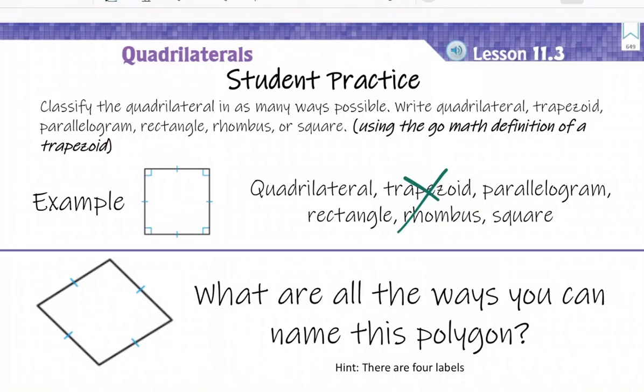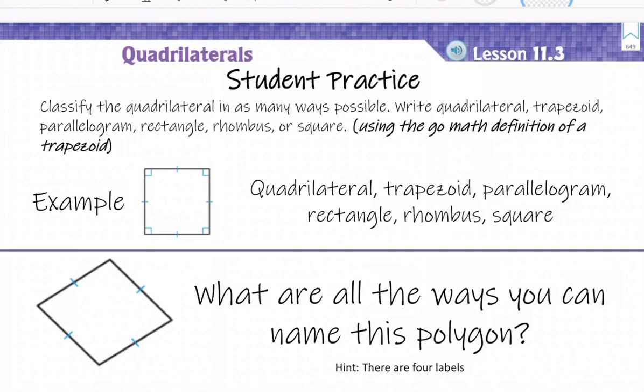So you just got to be careful about that. But we are going to use the Go Math version for this. So please include trapezoid, and any shape that I give you is going to be at least a quadrilateral and trapezoid and a parallelogram anyways. You just have to determine whether it's a rectangle, rhombus, or square.